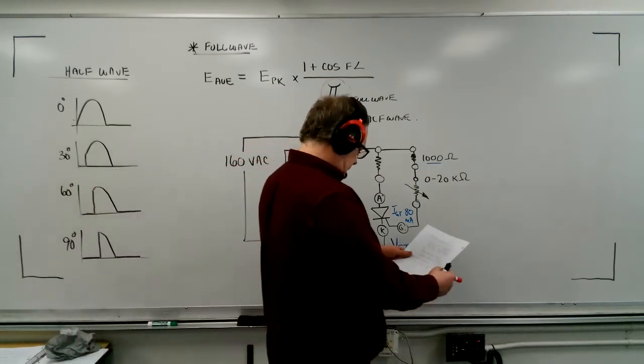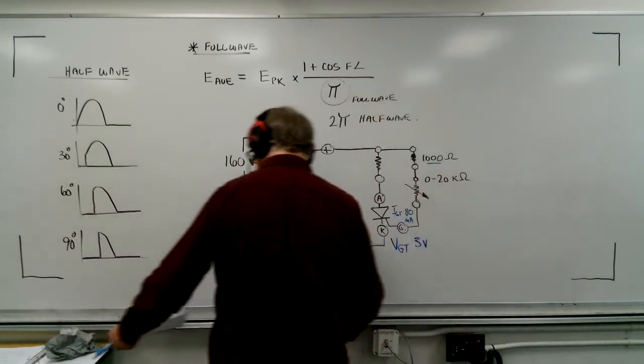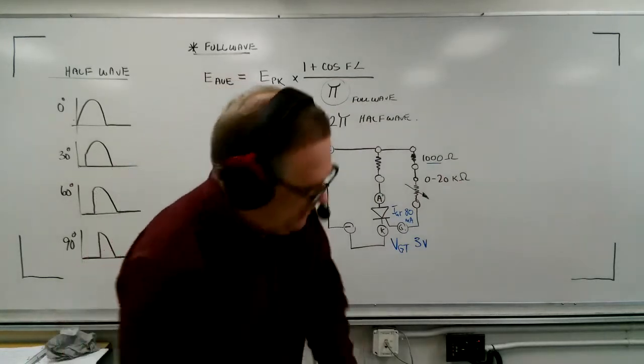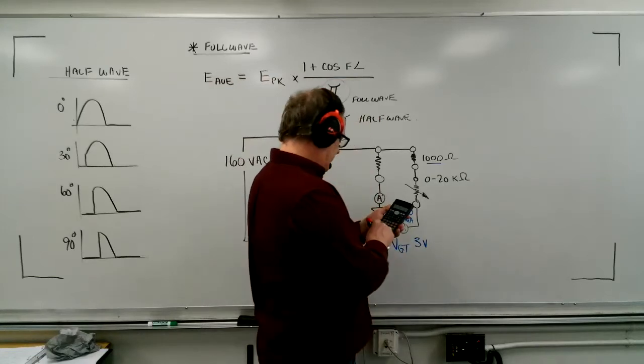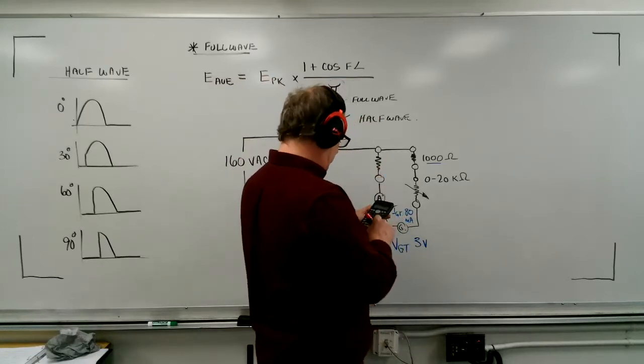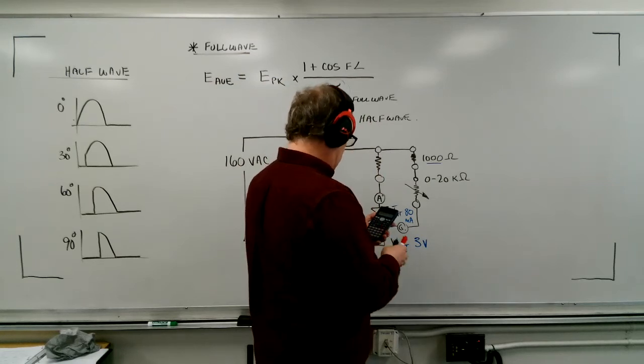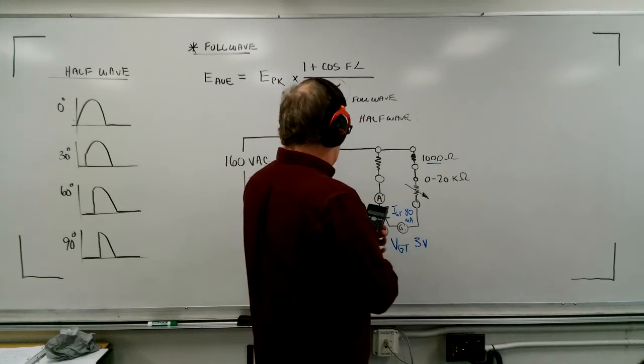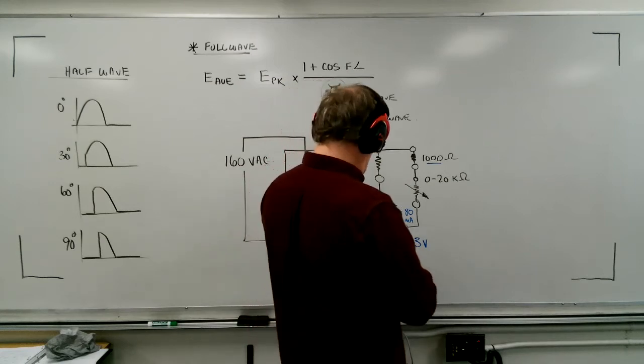And so I'm going to grab a calculator, and just to make sure that we stay on the right track with this, I'm going to go 1,000 ohms times 0.08 of an amp. And that voltage is 80 volts.